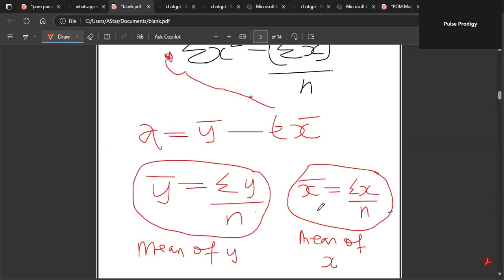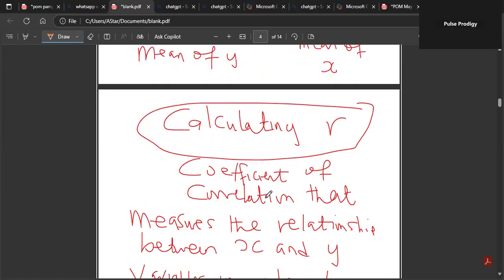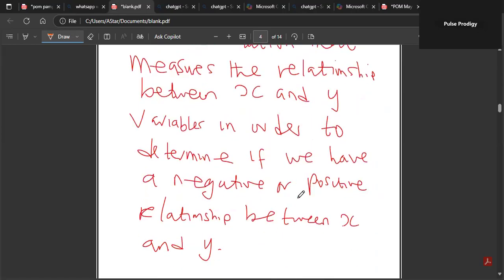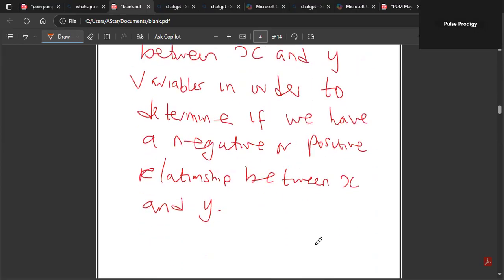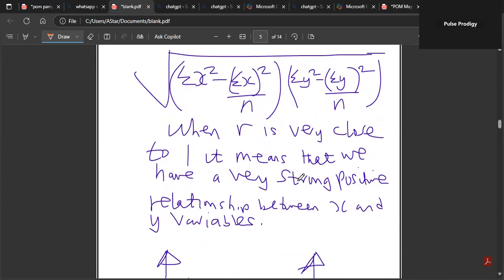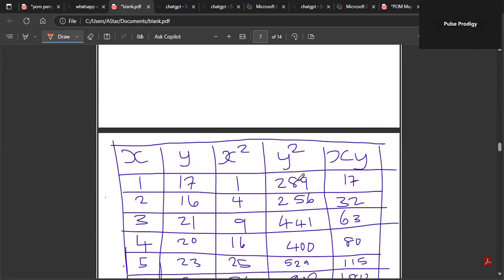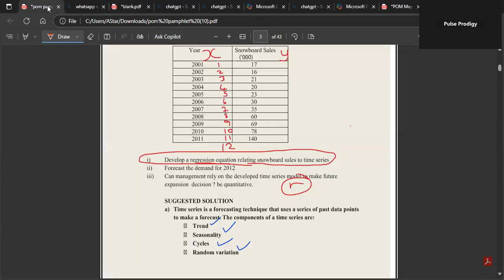All right, then you get the correlation coefficient, which measures the relationship between two variables in order to determine if you have a negative or positive relationship between the variables. The formula is that one. From here, you get down to coming up with a table.